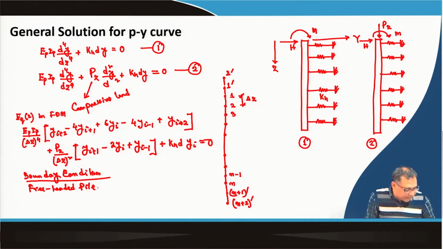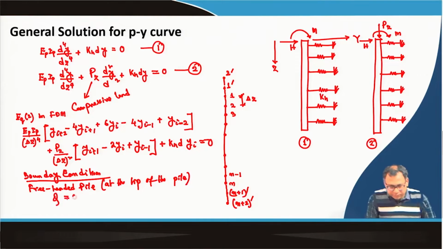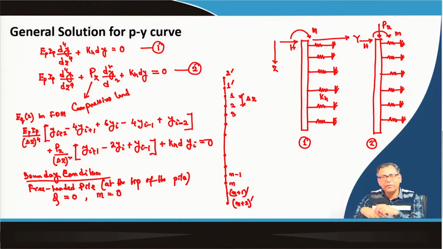For the free headed pile, at the tip of the pile, that means at the base of the pile, shear force will be equal to 0 and moment will be equal to 0, because the tip is considered a free end, as it is within the soil.